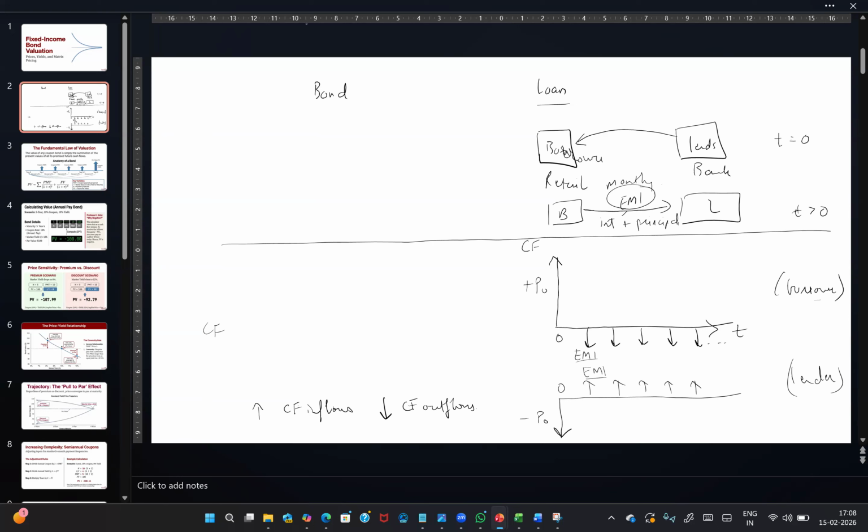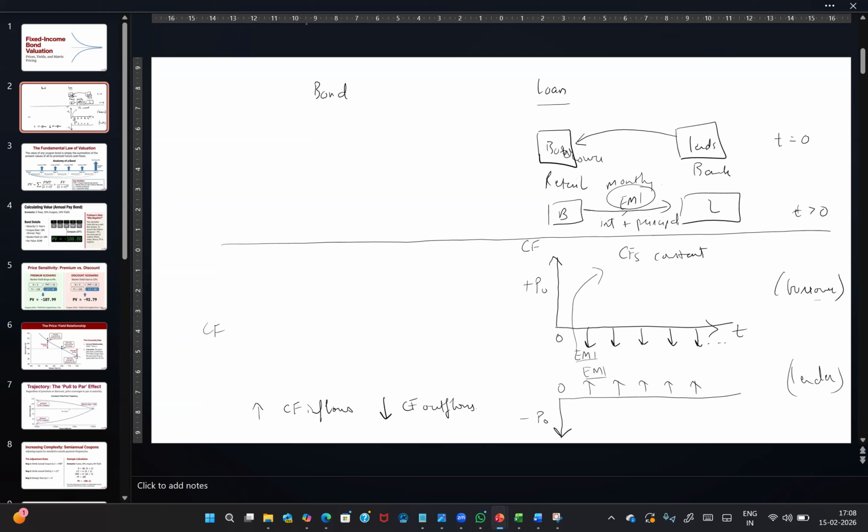Also, EMIs are structured so that they are the same every month for the tenor of the loan. So the EMIs don't change, and hence they present a stream of constant cash flows. Unless the interest rate on the loan changes, these EMIs are going to be constant.